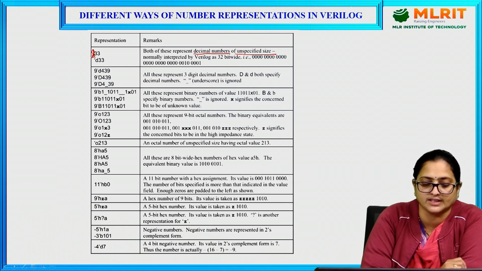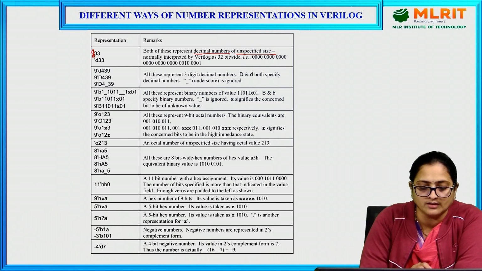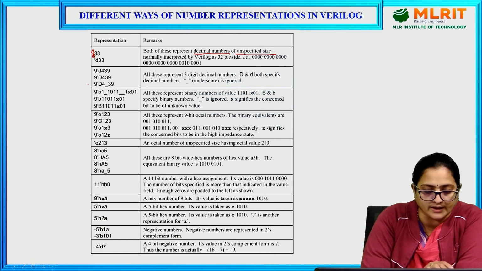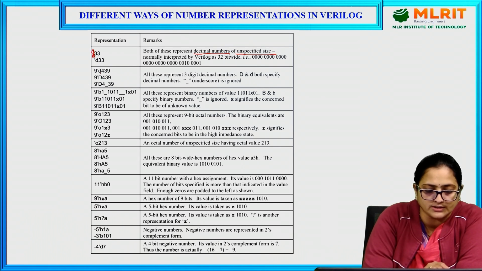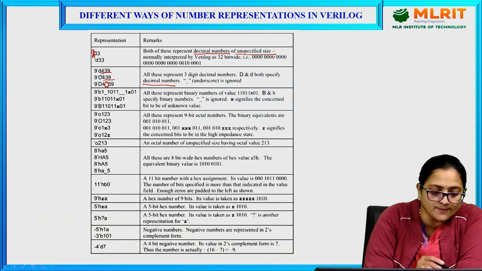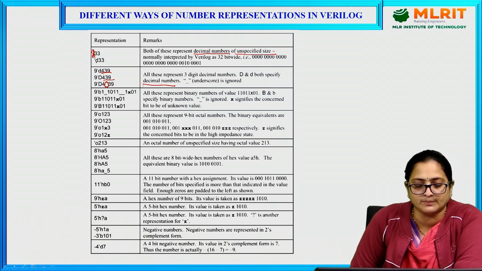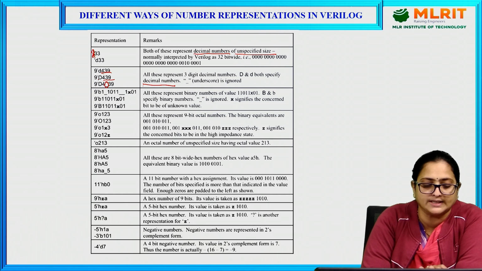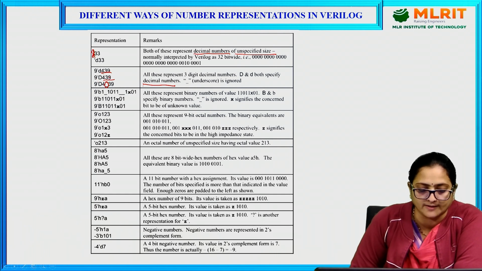I didn't mention any size here. Here all these represent a 3-digit decimal number, and the capital D or small d specifies the decimal number, and the underscore here can be ignored, and this is 9-bit width. They have represented a 9-bit decimal number 439.